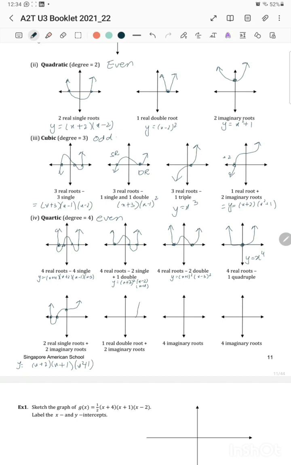One real double root, two imaginary single roots. Four imaginary roots.